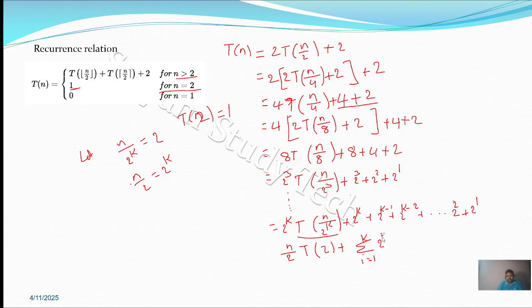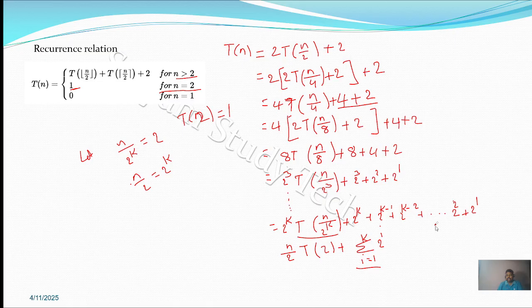You can write this as the summation of i equal to 1 to k, 2 power i, where i value is 1, 2 power 1, i value is 2, 2 power 2, like that up to k. So it is in geometric progression.